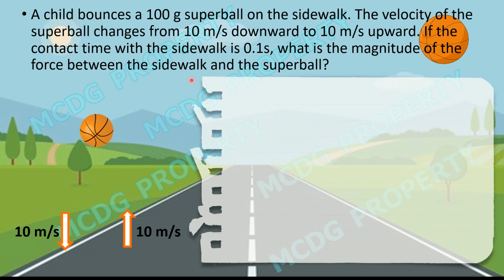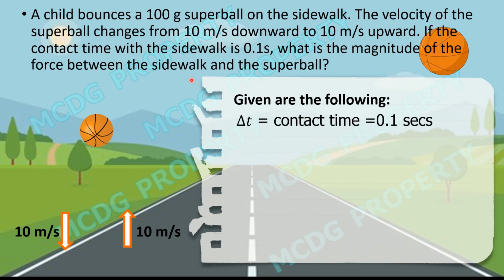Now, let us identify the given in this particular problem. You're given the contact time between the sidewalk and the ball, that is 0.1 seconds. You're given the mass of the ball, that is 100 grams, which is equivalent to 0.10 kilograms.